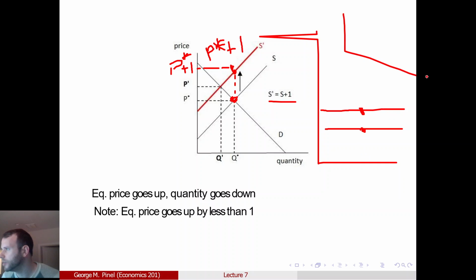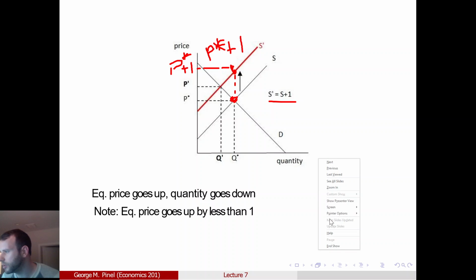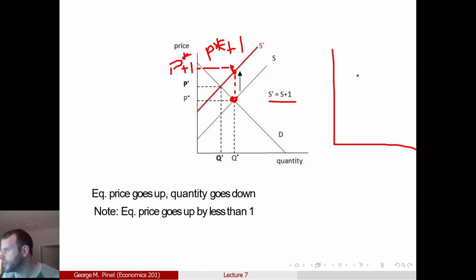If you have a very steep supply curve, the change is going to be more pronounced than with a flat curve.